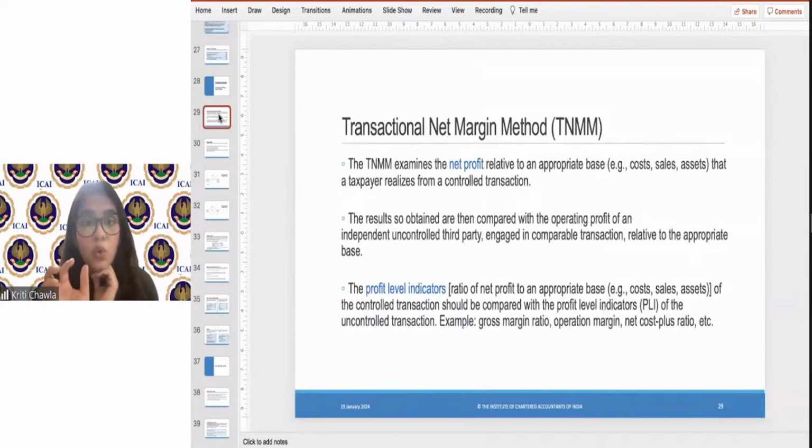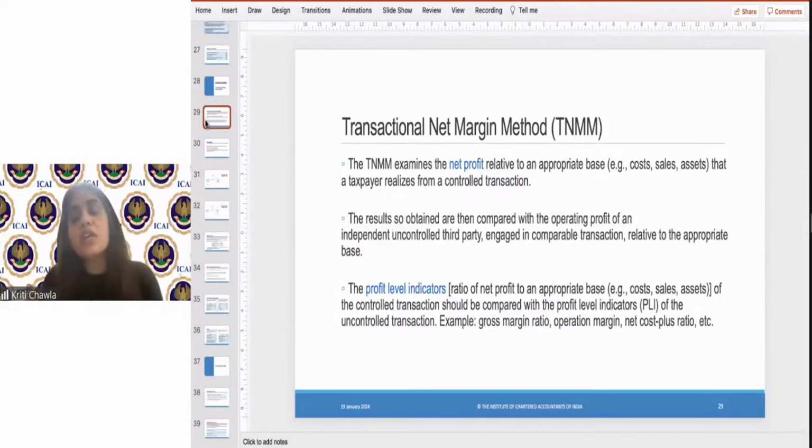Now, what we do in TNMM is to actually find out the net profit from a transaction. When I say net profit from a transaction, I basically mean that if my two related parties or two AEs are transacting with each other, I try to find out the margin that they are earning from that particular transaction.